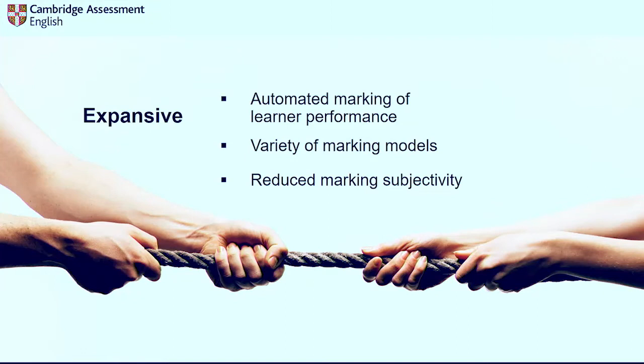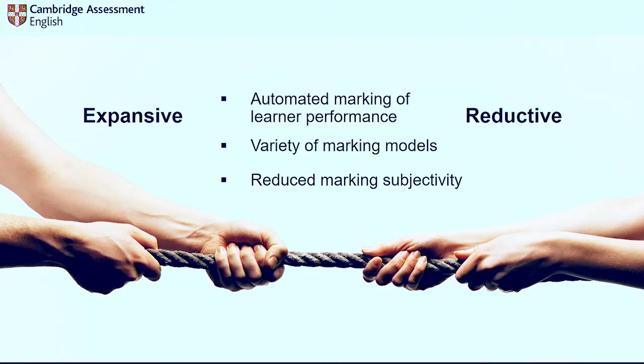So I would say there's an expansive role that technology brings to marking here. But also, I would say it's reductive, because if we're relying just on the machine doing the marking, we're limited in what information the machine can provide. The machine is limited by the algorithm.